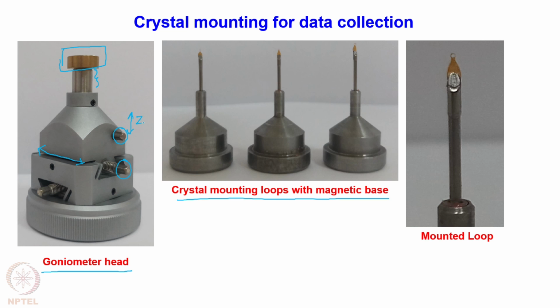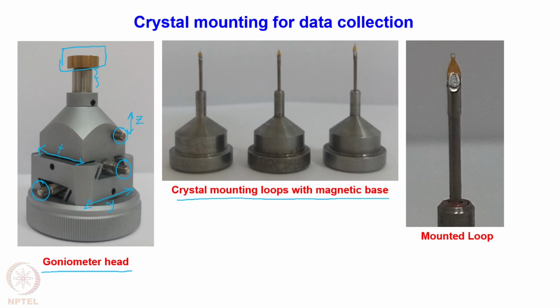If this direction is z and if this is x, then we have a third screw here which is used to move the crystal in another perpendicular direction, which may be y. So by those three screws, one can adjust the crystal in height, one can adjust its orientation x, and one can adjust the orientation y.